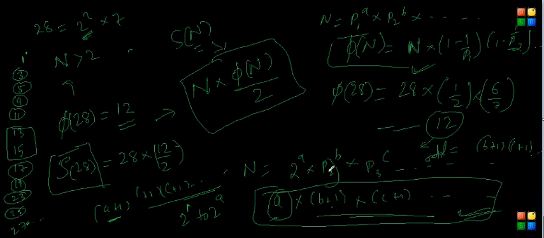I'll only concentrate on the powers of p2, p3, etc., and not on powers of 2. So I'll directly start with b, forget about this part, and write b plus 1 into c plus 1, and so on and so forth, and that will as well give me the total number of positive odd factors of n.